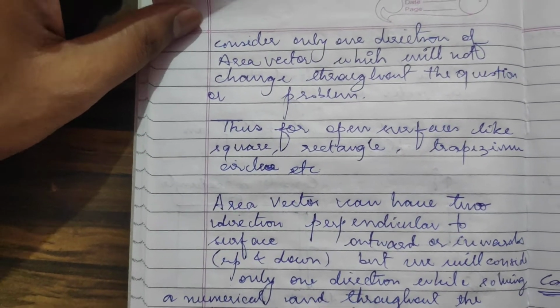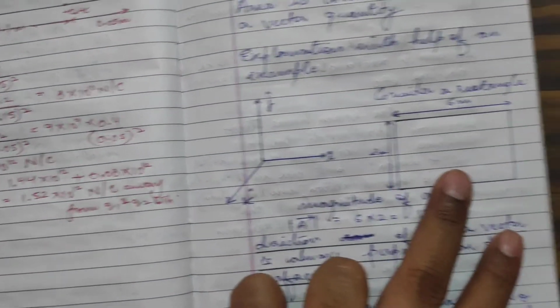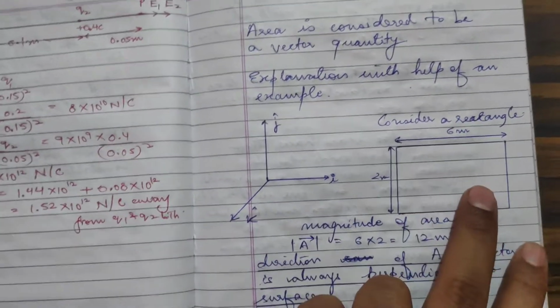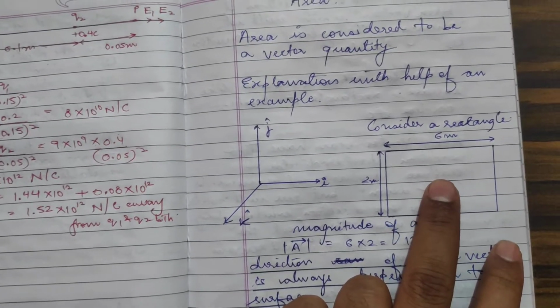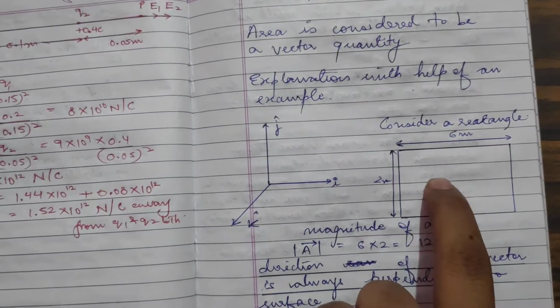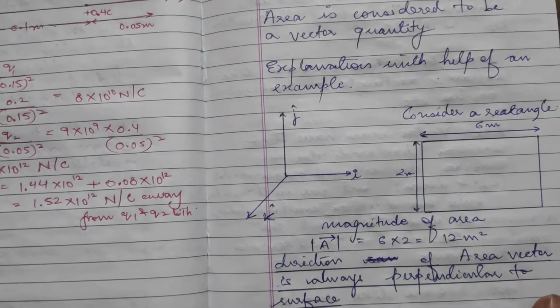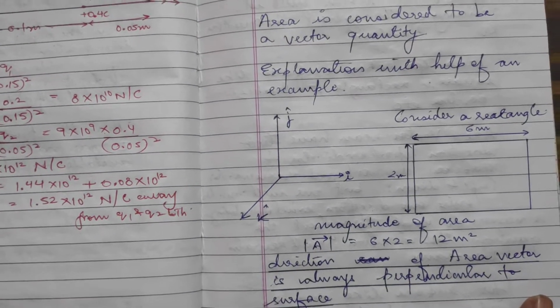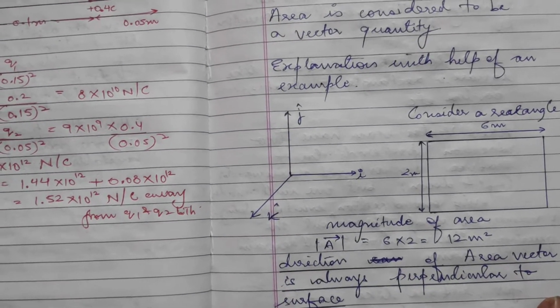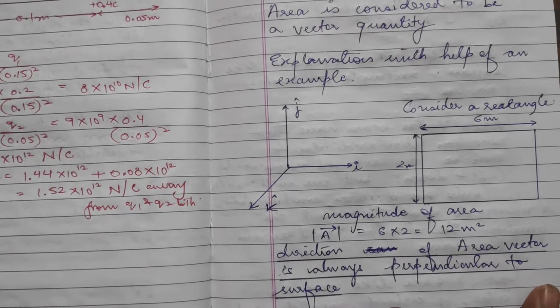Now for all planar surfaces like this rectangle, the direction of the area vector can be both perpendicularly outwards or perpendicularly inwards. But when we solve a question, we will decide the direction of the area vector, and throughout the question, we will consider the same direction.